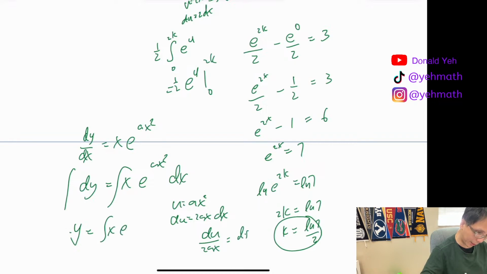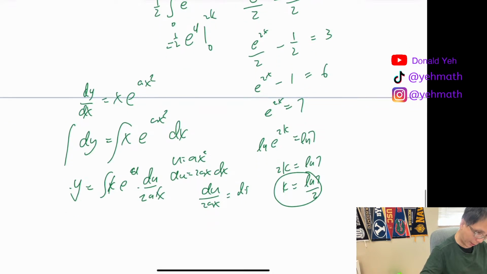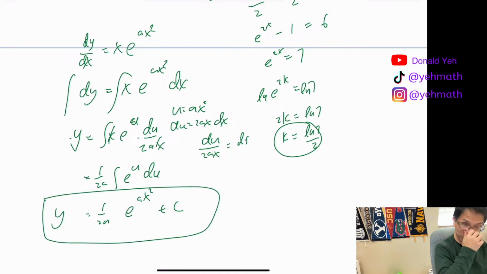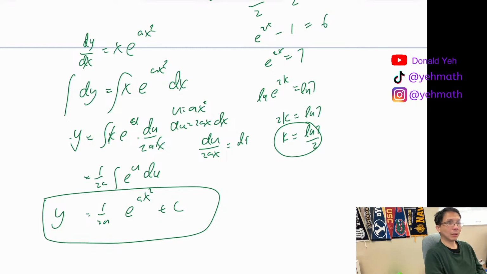So that's integration, ax is the u. du over 2ax. x cancel out. 1 over 2a integration e to the u du. I like the question you had to split, so make sure you can split.